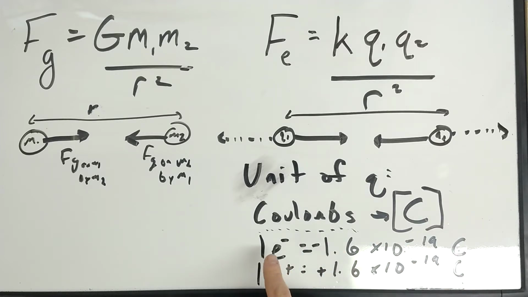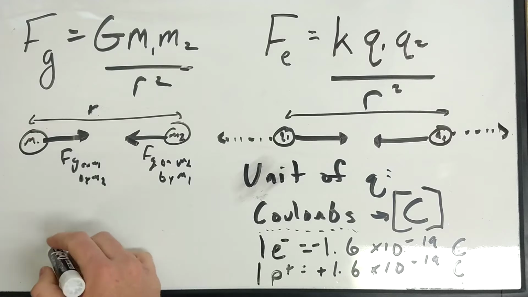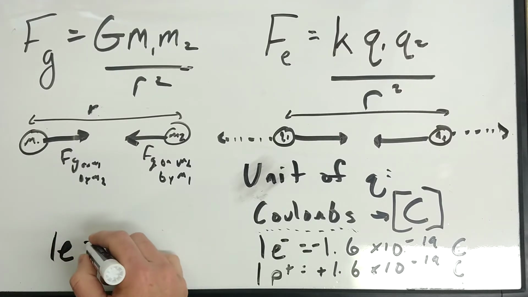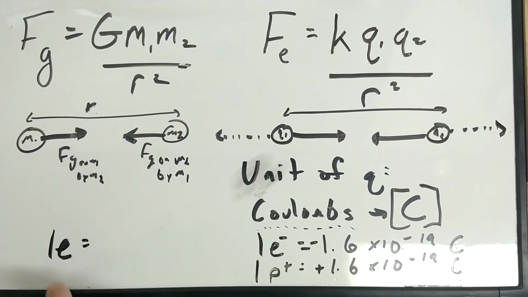1 e is the other unit of charge, a fundamental charge unit. That just assigns each electron a value of negative 1 and each proton a value of positive 1.